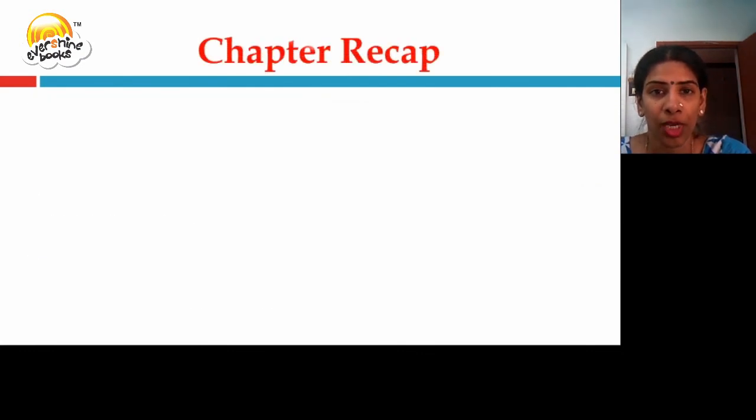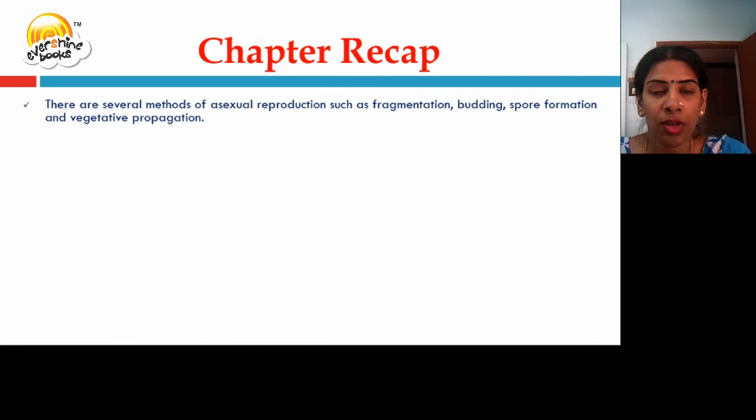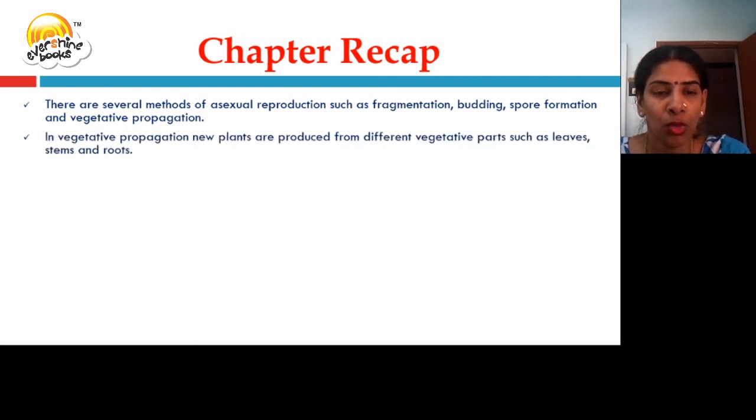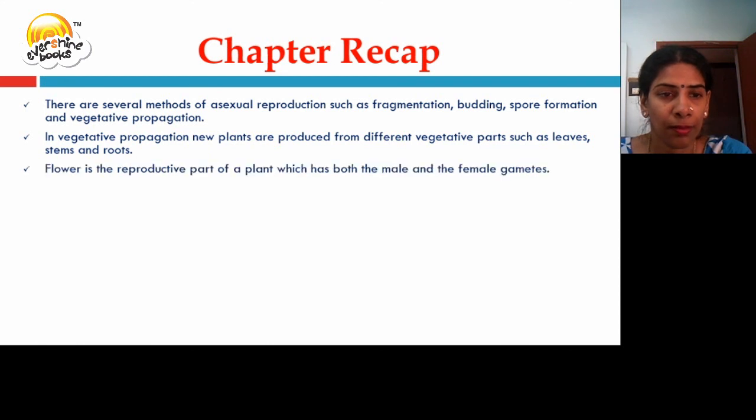Let us have a chapter recap. There are several methods of asexual reproduction: fragmentation, budding, spore formation, and vegetative propagation. In vegetative propagation, new plants are produced from different vegetative parts such as leaves, stems, and roots. A flower is a reproductive part of the plant.